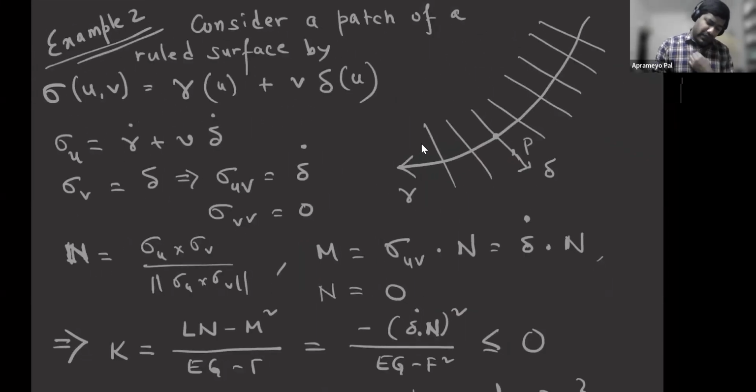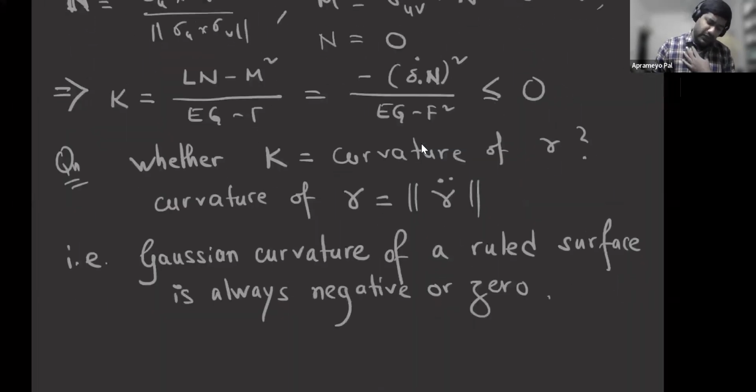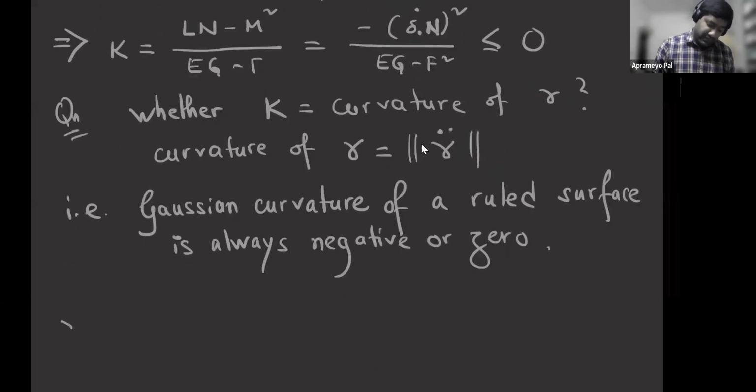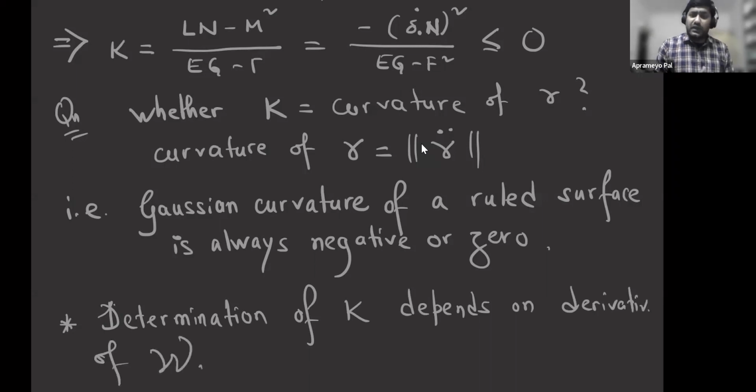Okay, so now what we see is that we can compute the Gaussian curvature, but the determination of k depends on the derivative of the Weingarten map, right? Because the Weingarten map is itself, so on, no, this is a wrong statement.